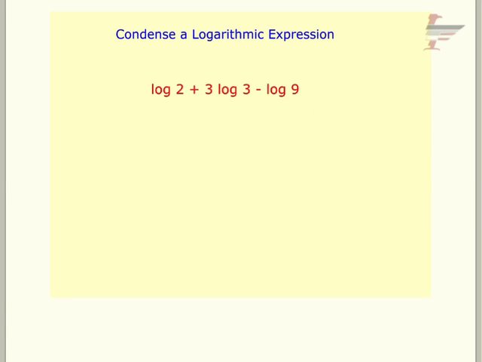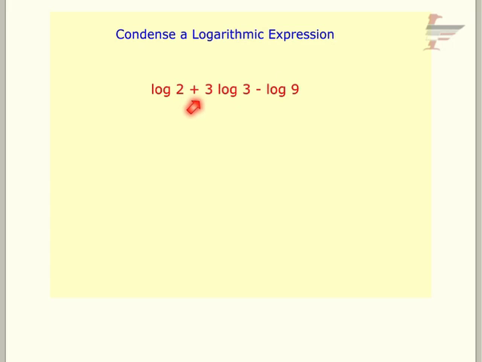And then condensing a logarithmic expression, so it's all lengthy and you want to condense it into one log. So first and foremost, please note that all of these are logs, which would be a base of 10. If they have different bases, you can't condense them into one log. So if this was like a log base 2 and these were both log base 10s, I could put those two together, but not a different base.